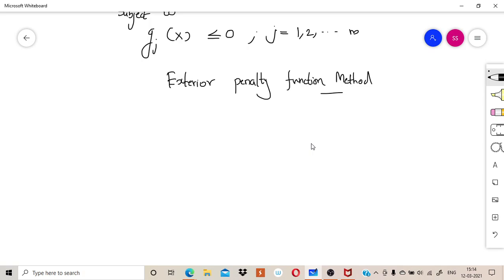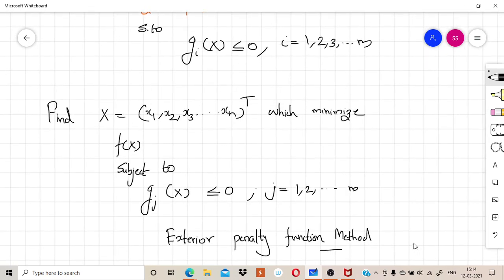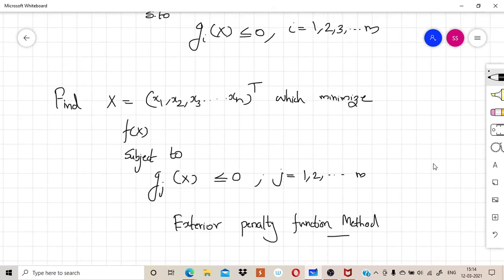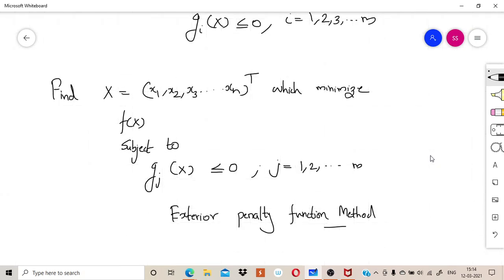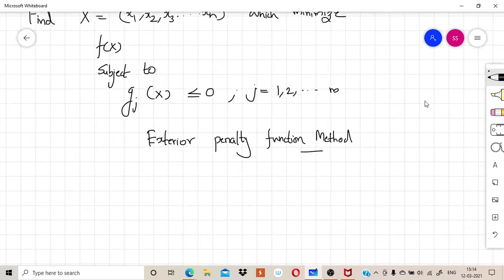So let us consider the standard form of our CPP, that is, find x = (x1, x2, x3, ..., xn) transpose, which minimizes f of x subject to gj of x less than or equal to 0 for j = 1, 2, etc. up to m, the total number of constraints.